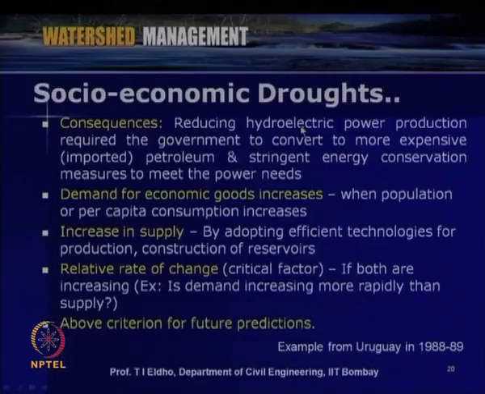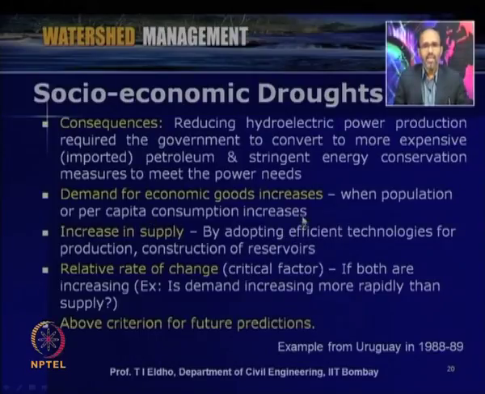For example, if in a location the power production is through hydroelectric power plants, then the demand for economic goods increases when population or per capita consumption increases, which can be another consequence. Then, increasing supply by adopting efficient technologies for production, or constructing reservoirs, we can reduce the impacts.